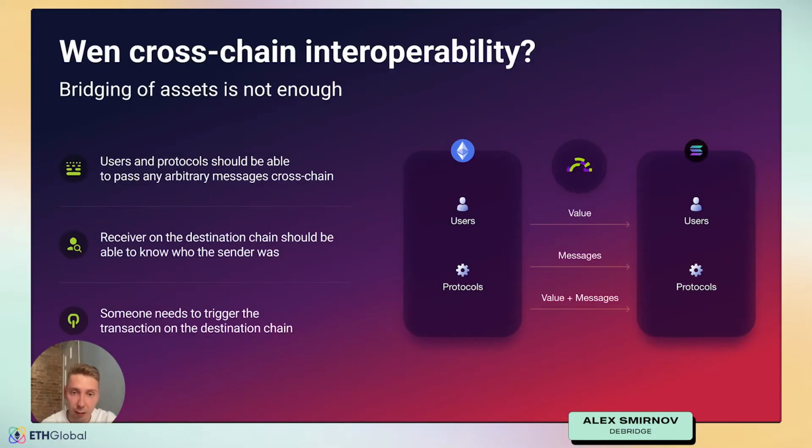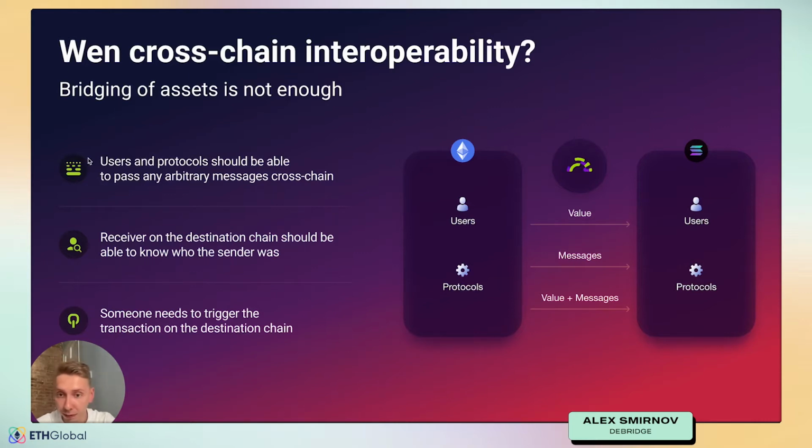The receiving smart contract should be able to know the address and the chain ID of the sender of the message itself. And the last point, which is also important, is that somebody needs to trigger the transaction on the destination chain. Any cross-chain interaction consists of two transactions, the one that initiates the interaction and the one that finalizes or executes the message on the destination chain.